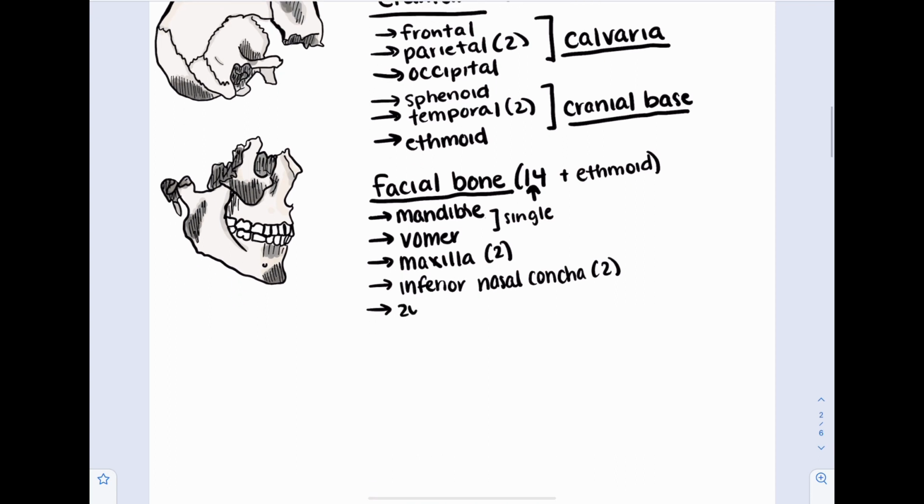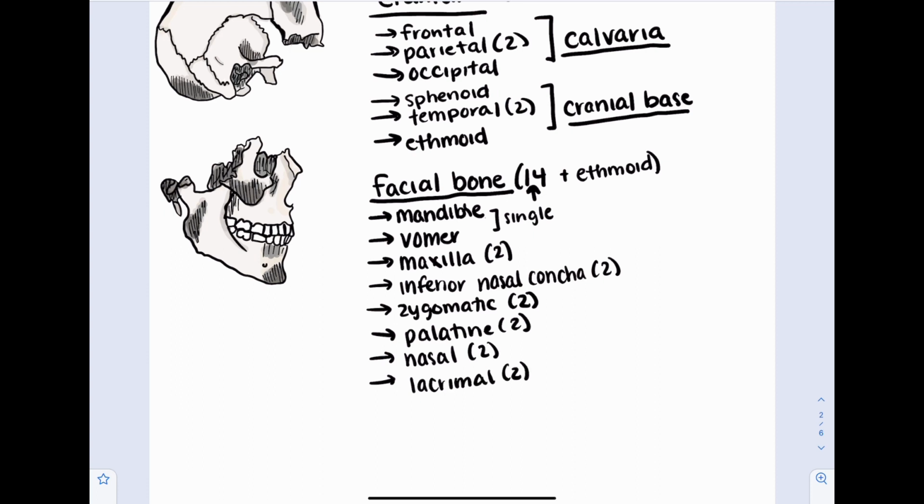The zygomatic, 2 of those. The palatine bones, 2 of those. Again, all of these are in pairs except for the mandible and the vomer. And then the last one is the lacrimal, which there are 2 of those.